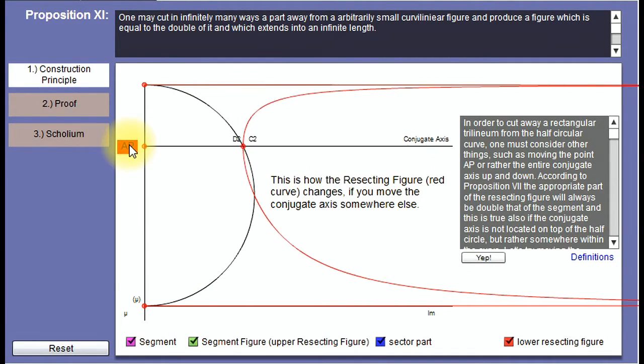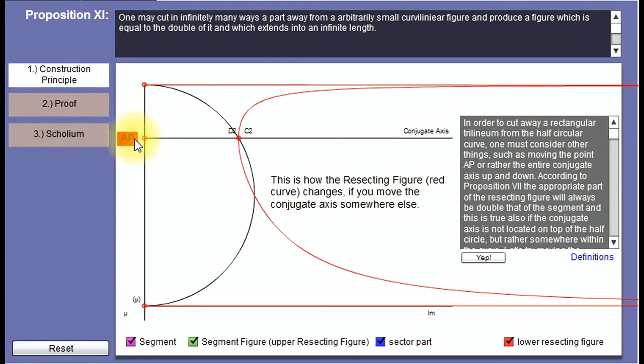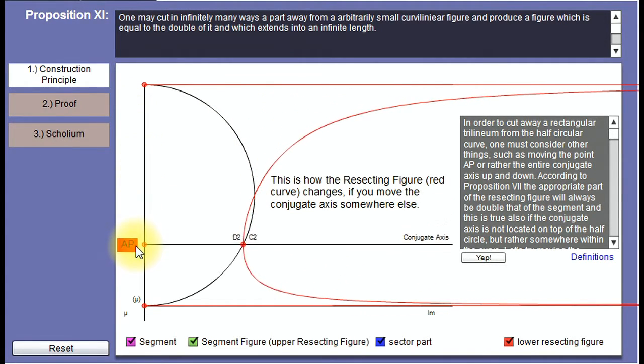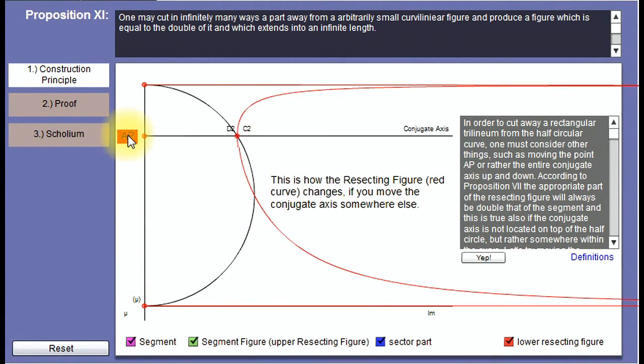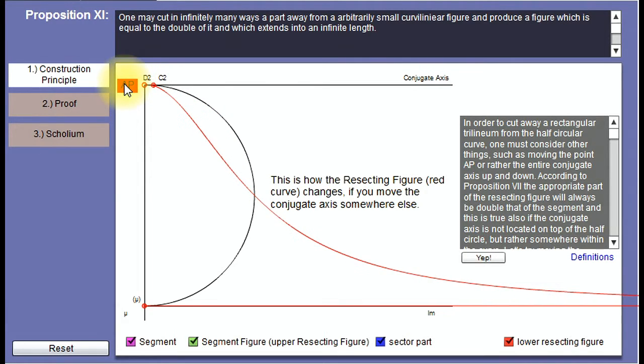So when we do this, you actually see that the resecting curve looks a lot different when you place the conjugate axis somewhere else, especially if you do not place it on one of the apex points.